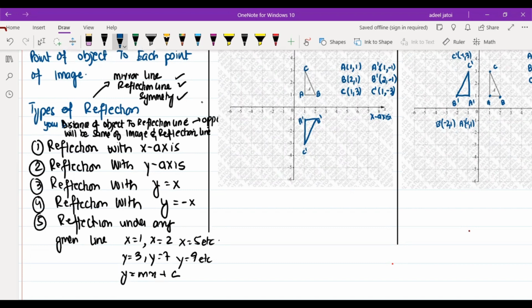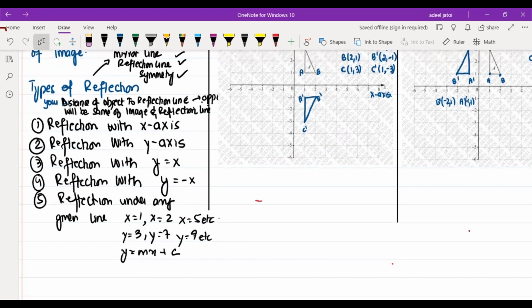One thing that is remaining in this reflection video is finding the reflection line when the object and image are given.